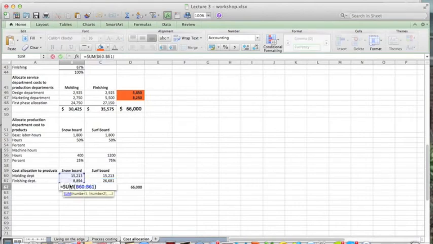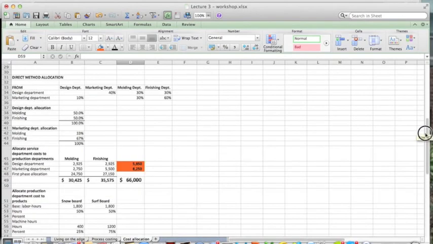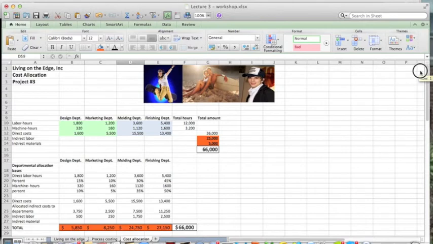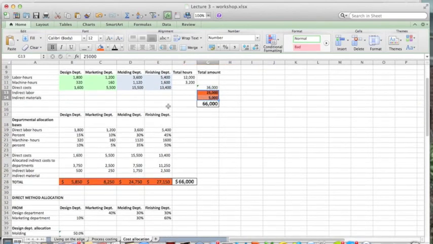Now what I get is these allocations to the snowboards and to the surfboards. And look, that 66,000 is still here, as that is the total cost. So if you look on top, we went from just having costs, some departments, design, marketing, molding, finishing. We had also indirect labor, indirect material that was not even allocated. Now we first allocated to each department.